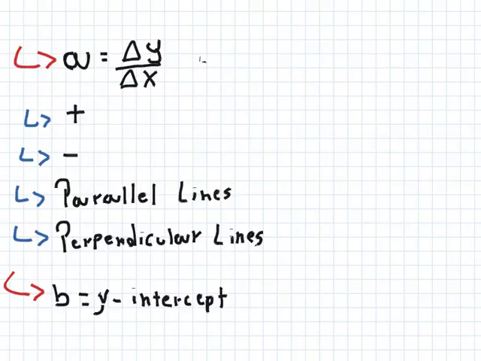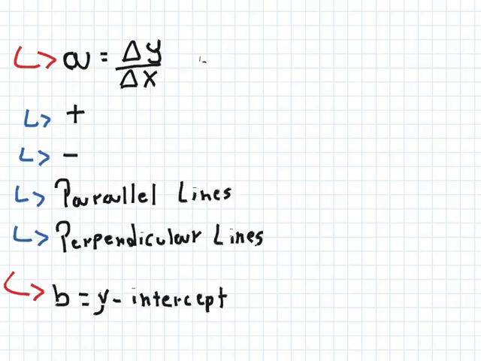Regarding the slope, we also have a formula that we can use to calculate it, and that would be the variation in y over the variation in x. If you continue to develop this equation, it's going to be extremely useful, because from this equation you can find the initial linear equation that I showed you a couple of slides ago.